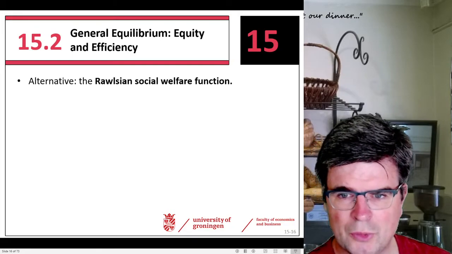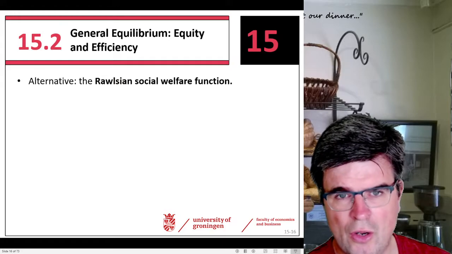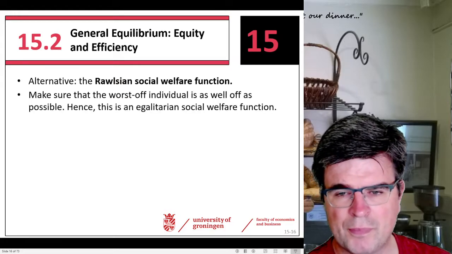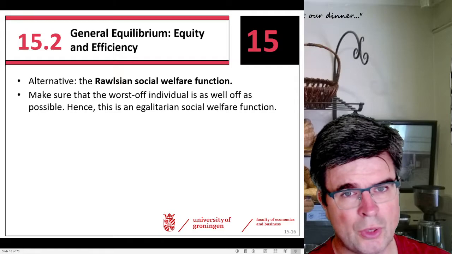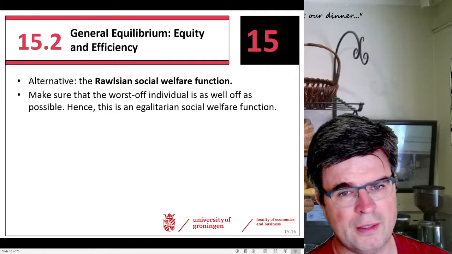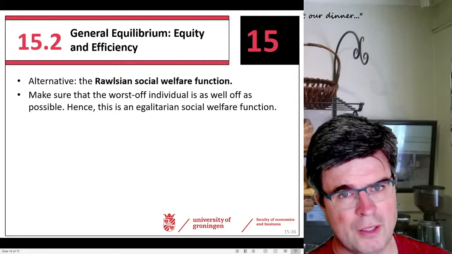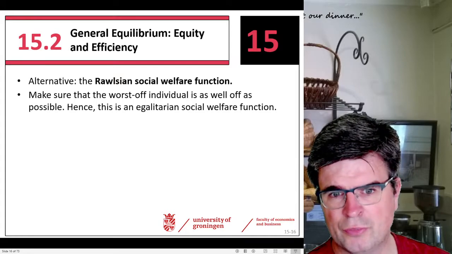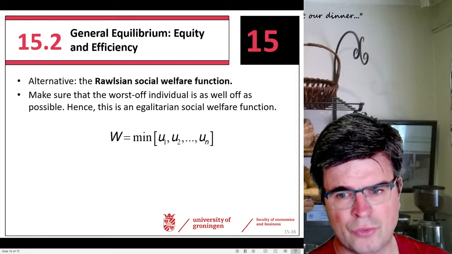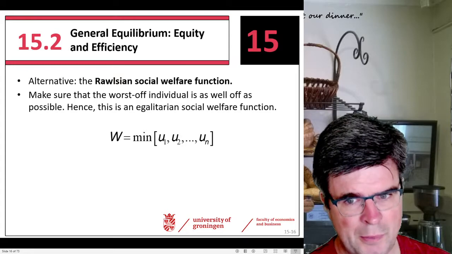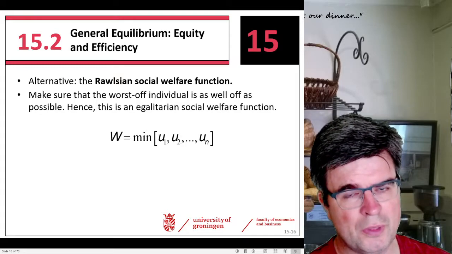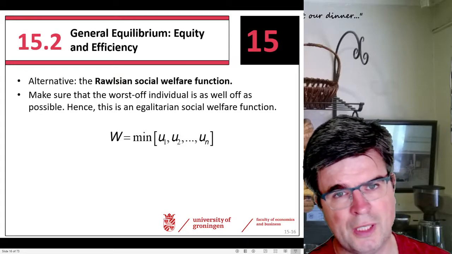Now, what does the Rawlsian social welfare function look like? The idea is that you want to make the worst off individual in society as well off as possible. It's a very egalitarian welfare function, and it has the form W is the minimum of the utilities of the different individuals in society.